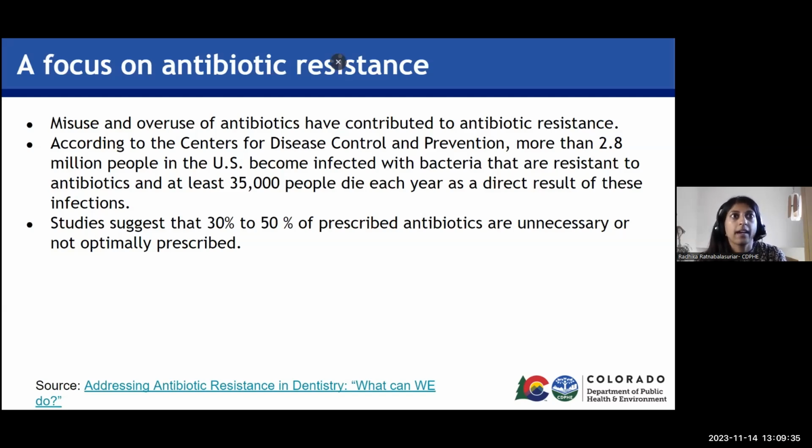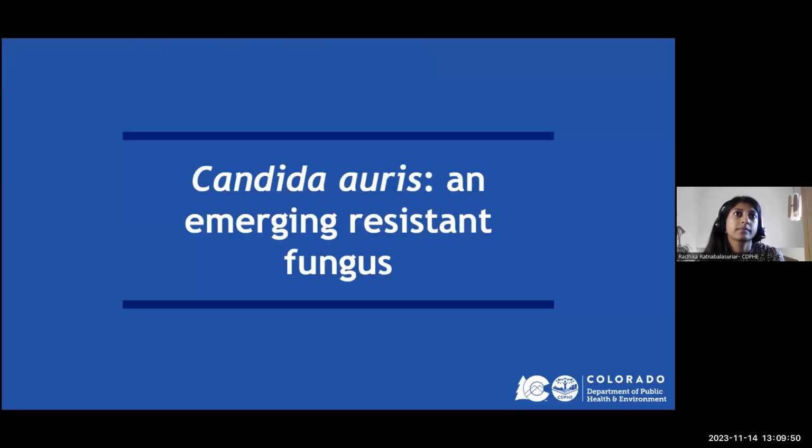Studies show that 30 to 50% of prescribed antibiotics are unnecessary and not optimally prescribed. So that is part of why we're here today speaking on this topic. Next slide, please. So now that you have that background on antimicrobial resistance, we're going to talk about specific organisms. And to start, we'll go over Candida auris, which is an emerging resistant fungus. Next slide, please.